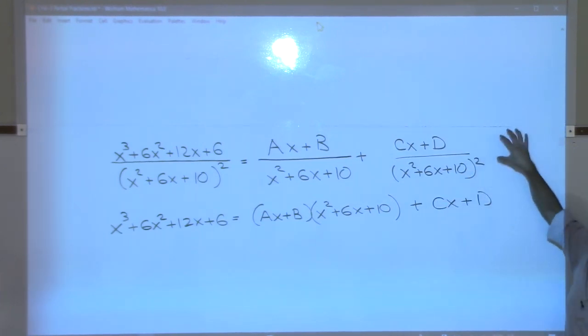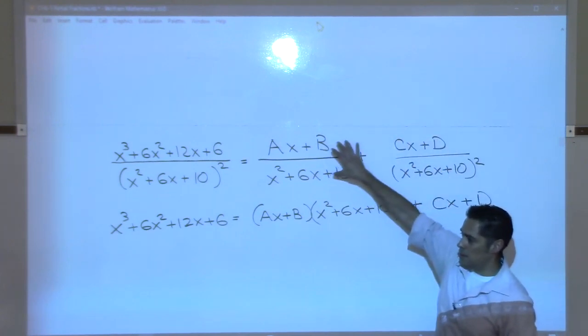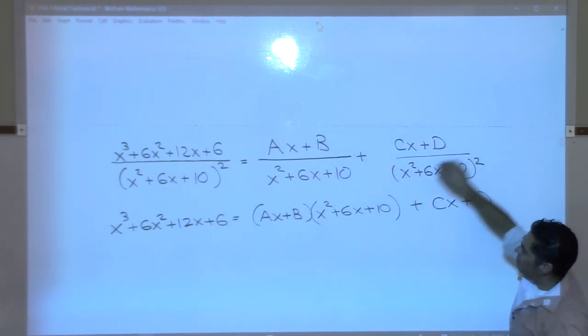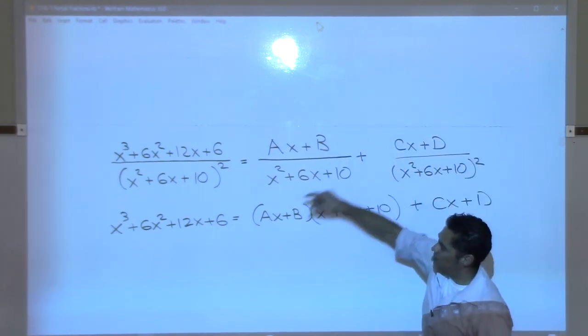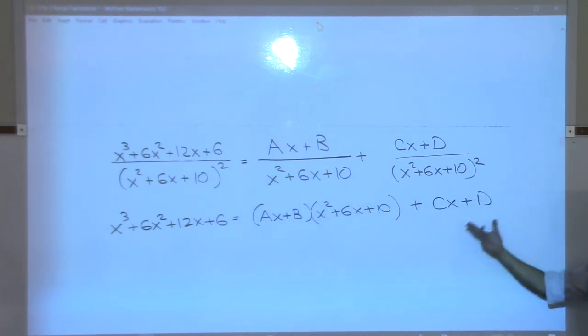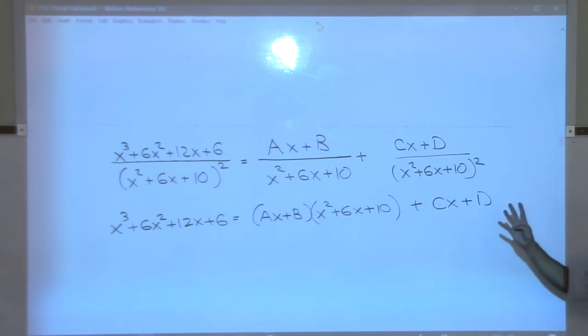Because you're multiplying both sides by the LCD. So it completely kills off here, but then only one of them kills off here, and then both of them are gone there. That's actually not too bad. Expand, match your coefficients. 4 equations, 4 unknowns.